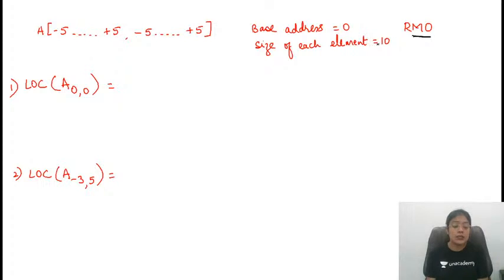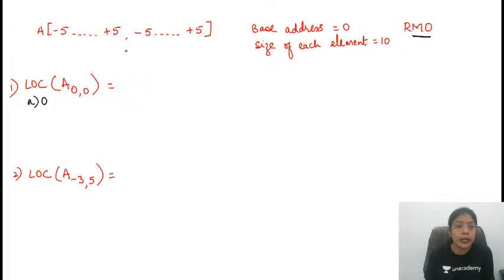Is it 0 for the first one? I'm getting one option. It's 0. Okay, 0 is not the answer. Then what's the answer?